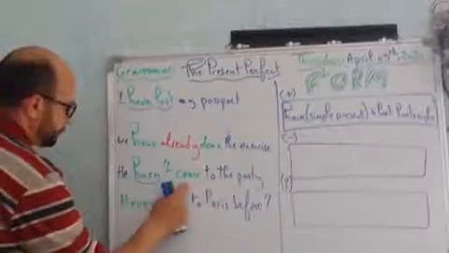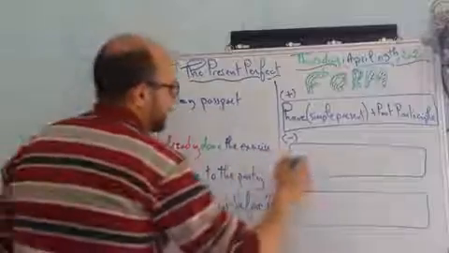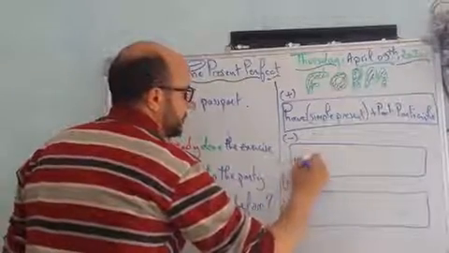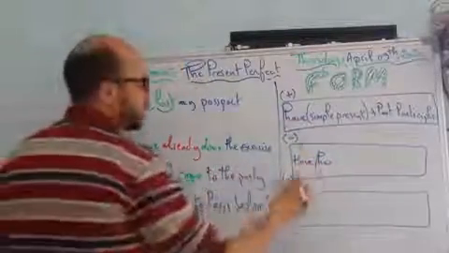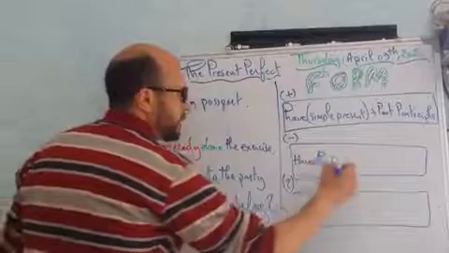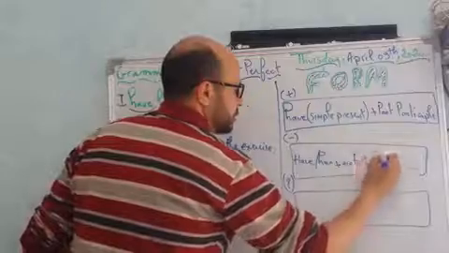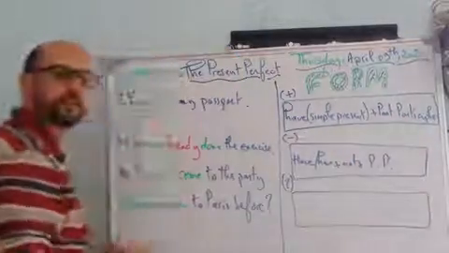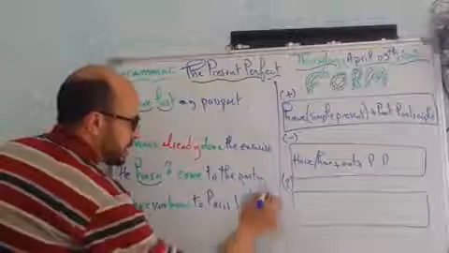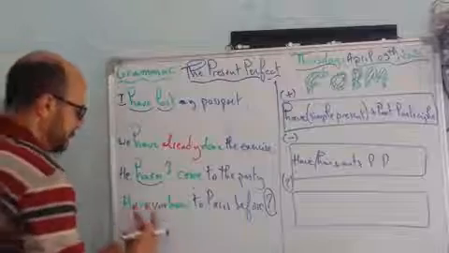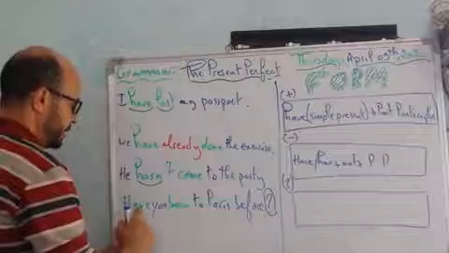Now let's take this example. So we have the verb have or has. It's the simple present of have plus not plus the past participle, the abbreviation. Here, because we have a question, so interrogative form, there is inversion between the subject that comes before the verb and the auxiliary have.